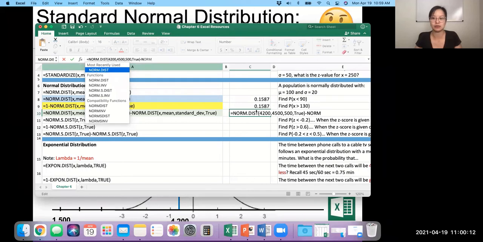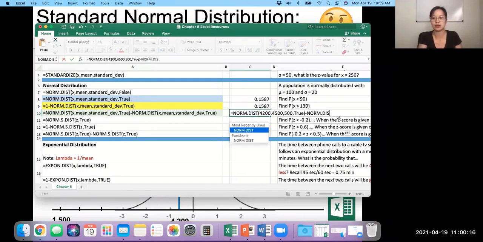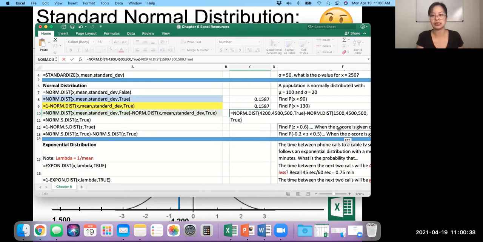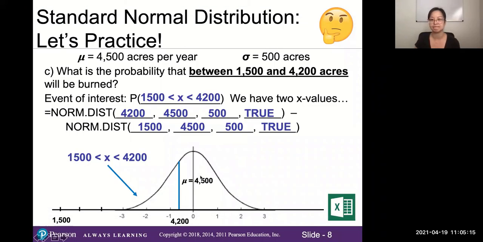And let me do it from here, parentheses. Here we'll put in the 1500, comma, 4500, comma, 500, comma, and true. And then whenever we're ready, you can hit enter and let's see what happens. So let me show you.